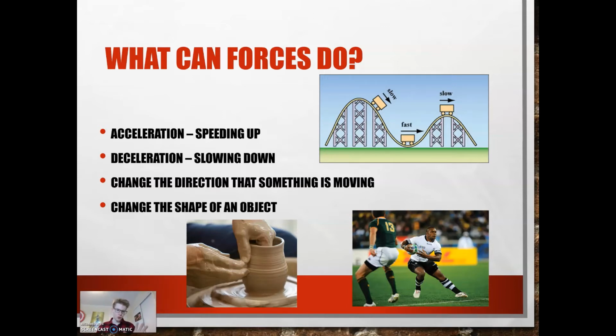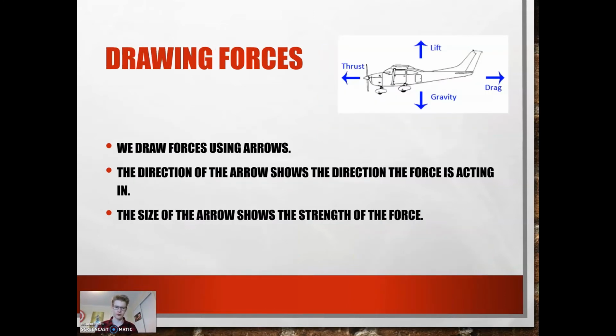Now, we can actually represent and draw forces. Let's say we've got a plane here. This plane has four different forces being applied to it, or at least we're going to simplify it down to these four forces. We represent our forces using arrows. We have the force of gravity pulling this plane down, the force of thrust, or just applied force, moving this plane forward.